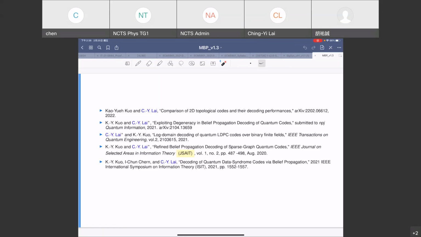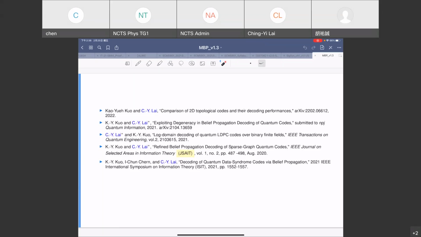And because the quantum operations need to be done very fast, you need to have a very efficient decoding algorithm. You want to decode very quickly, maybe in microseconds.